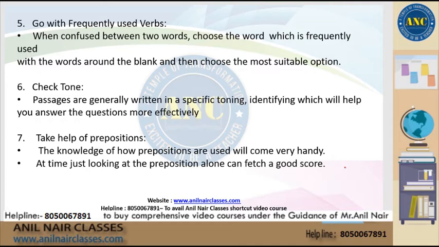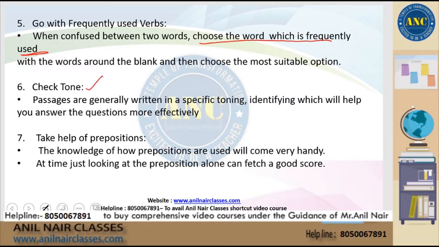That will help you choose the right answer. Also, choose the word which is frequently used. Sometimes, knowingly or unknowingly, the words are repeated around in the passage. Hence understand that and then pick the right answer.